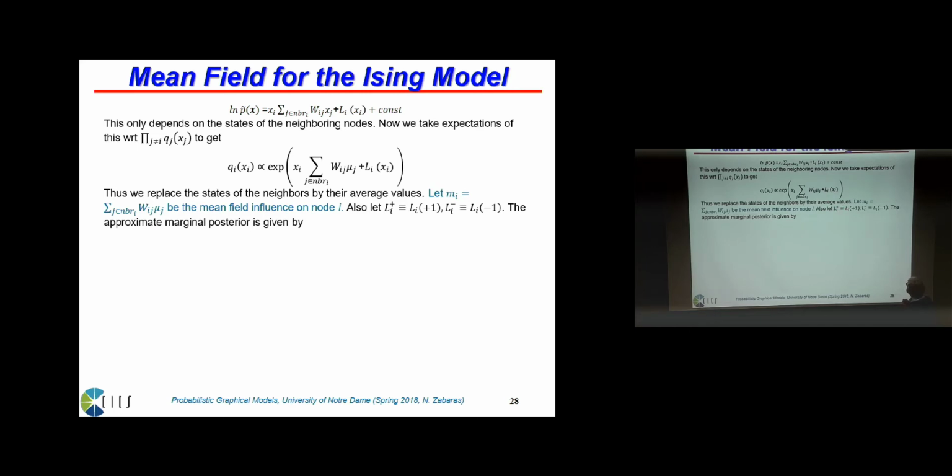Li plus is the value of Li when xi is equal to 1, Li minus the value of Li when xi equals minus 1. And the reason I do this is because xi is a discrete distribution, so I am going to calculate the variational approximation qi at xi equal to 1.